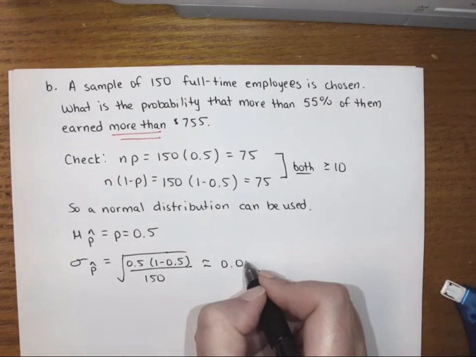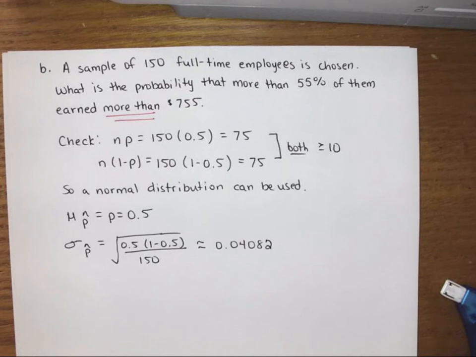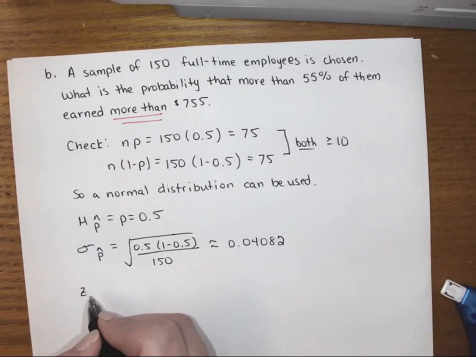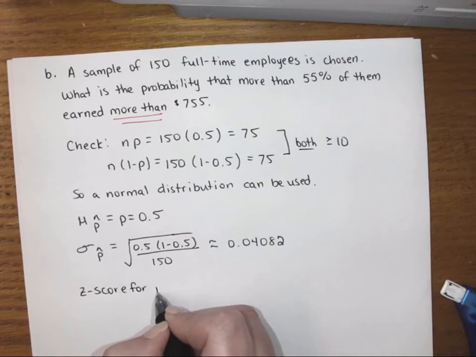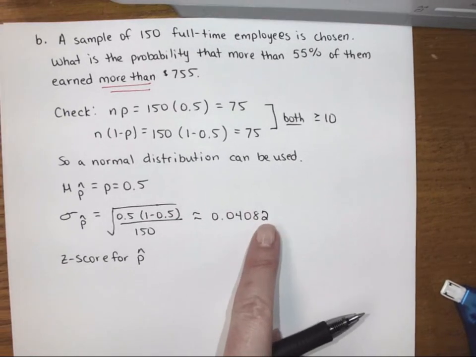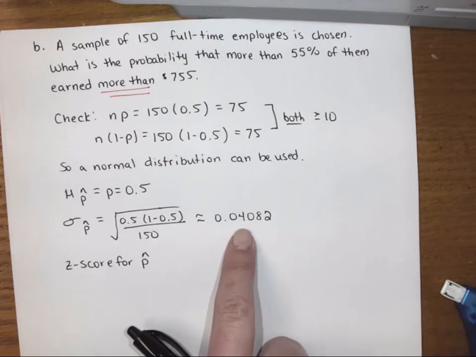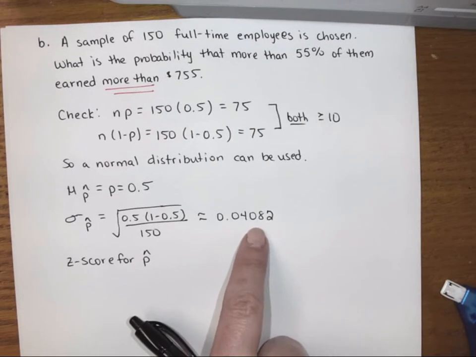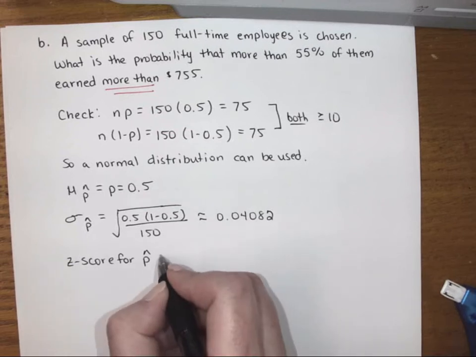Okay, so I'm going to do 5 decimal places on this one, so 0.04082. Sometimes, by the way, if you don't carry the standard deviation out far enough, Connect is going to tell you your answer's close, but it's not quite right. So if you get an error like that, try to go back and look at your standard deviation and maybe carry it out an extra decimal place or two, and usually that fixes the problem. It's just a rounding issue.